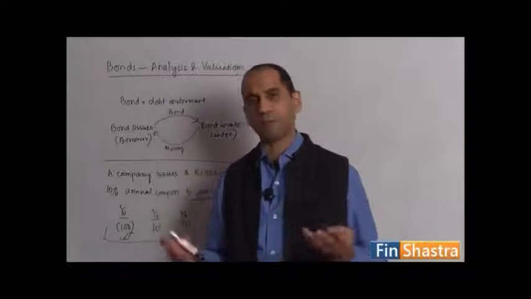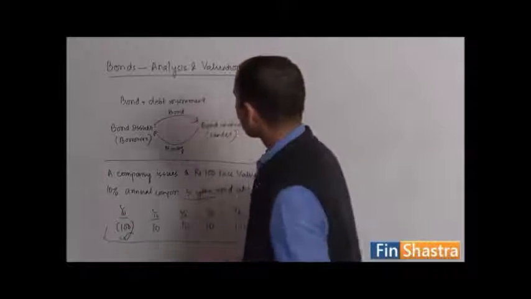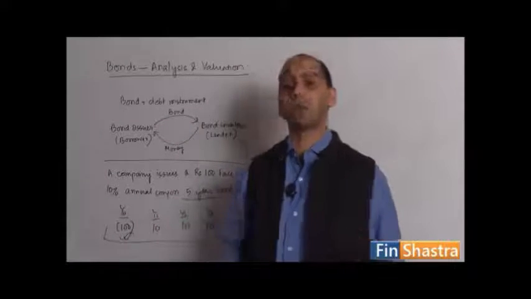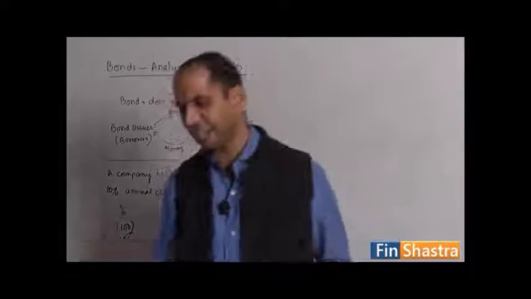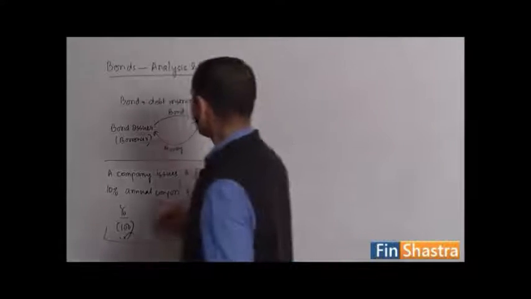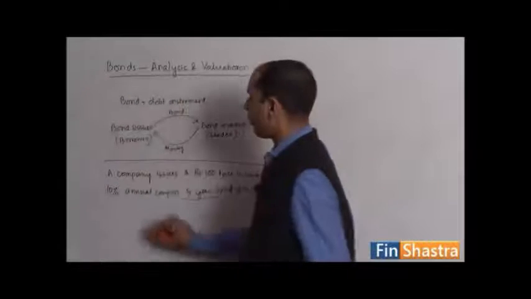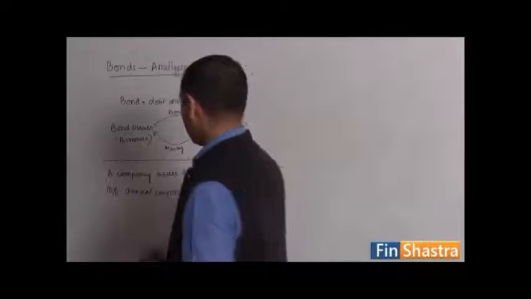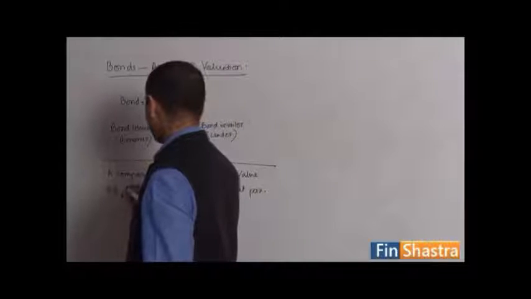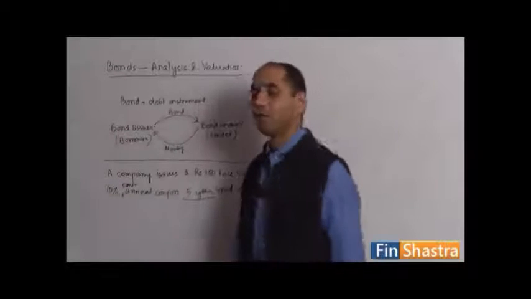Let me take another situation. There could be a bond which is not an annual coupon bond but a semi-annual coupon bond. So let me just make a minor variation to the same problem, which is that instead of this bond being an annual coupon bond, it's a semi-annual coupon bond. And that's how the Government of India bonds are. A semi-annual coupon bond.